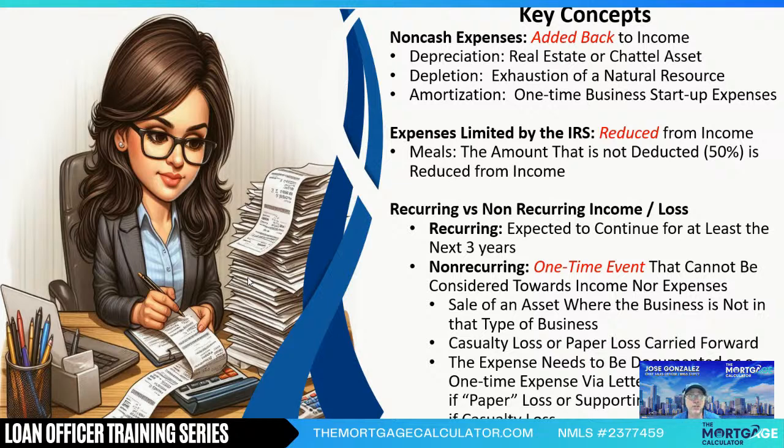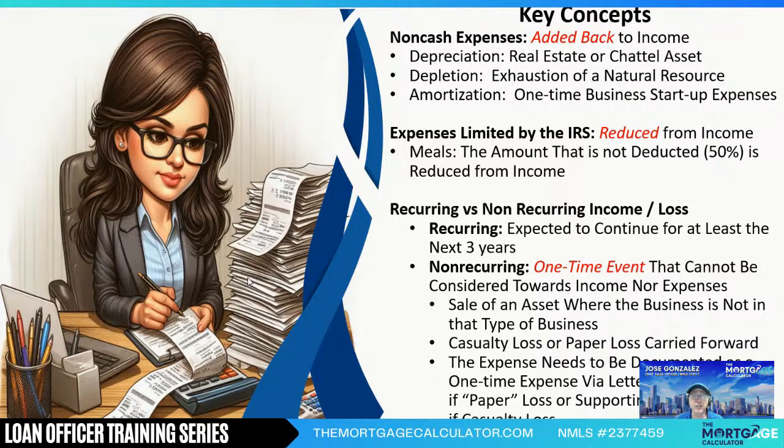For example, we're looking at depreciation, depletion, and amortization, right? Now, depreciation is pretty obvious. It's either depreciation of the real estate or depreciation of a personal property asset for the business. Depletion is exhaustion of a natural resource that the business uses for its business operations. And amortization is one-time business startup expenses.